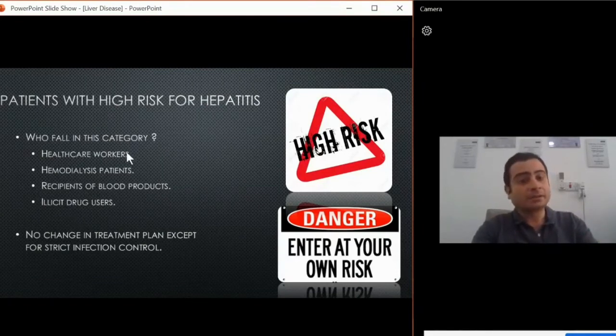Okay, they are high risk for hepatitis. Also, you don't need to change anything in the treatment plan except for having a strict infection control policy. And if the operator has been injured during the treatment, those patients need to be referred for serological examination for viral markers of hepatitis.